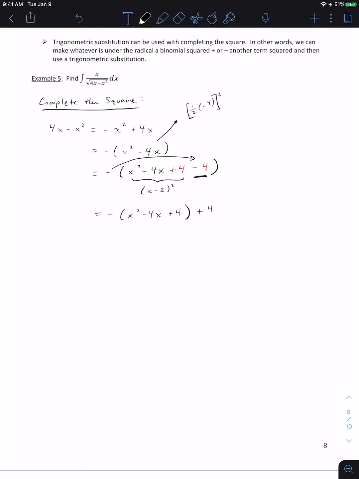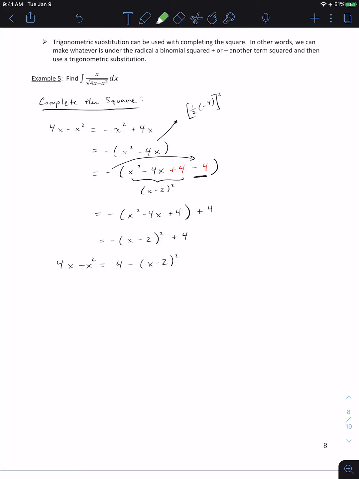So now, like I said, this I can factor. This factors as x minus 2 squared. If you don't believe me, square it out, but the other term of my binomial is always the middle term divided by 2, and then plus 4. And again, I'm going to rearrange this so it looks like 4 minus x minus 2 quantity squared, and that's what 4x minus x squared is.